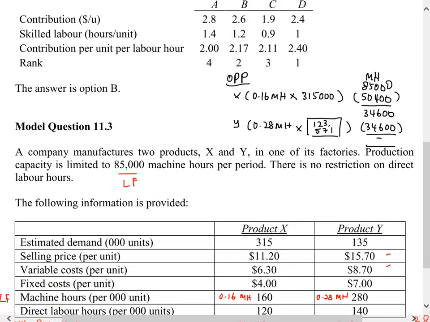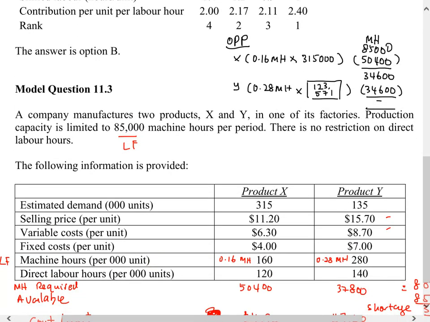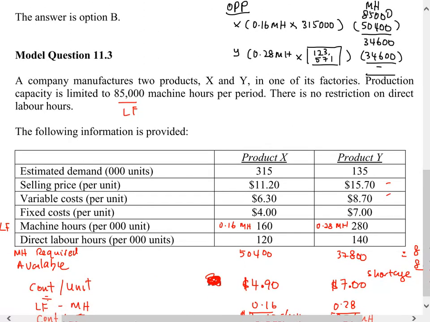Now, OPP done. If you are asked to calculate the profit statement, actually for this question I want to explain some profit statement. So 315,000 is my maximum production for X, and 123,571 is my maximum production for Y. To get my profit, do I do 315,000 times selling price, then 315,000 times variable cost?